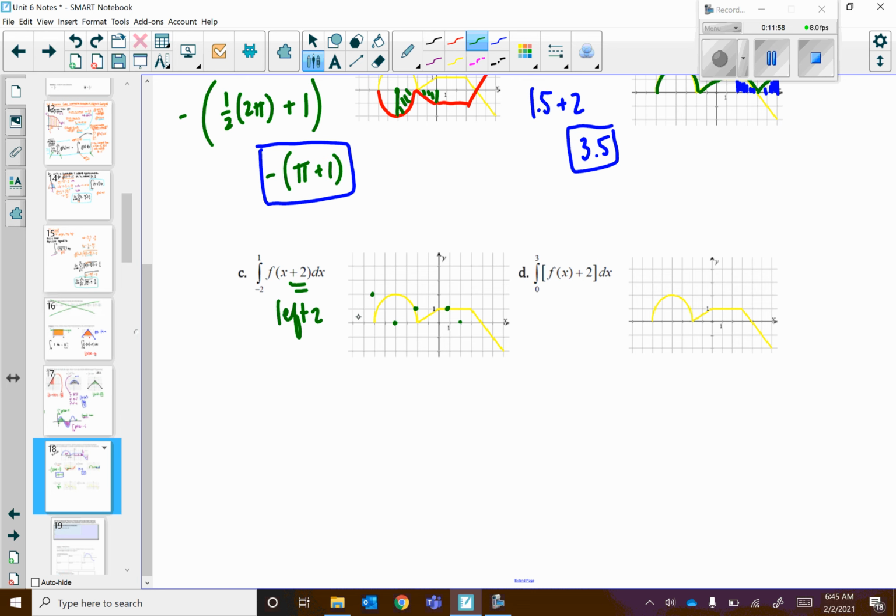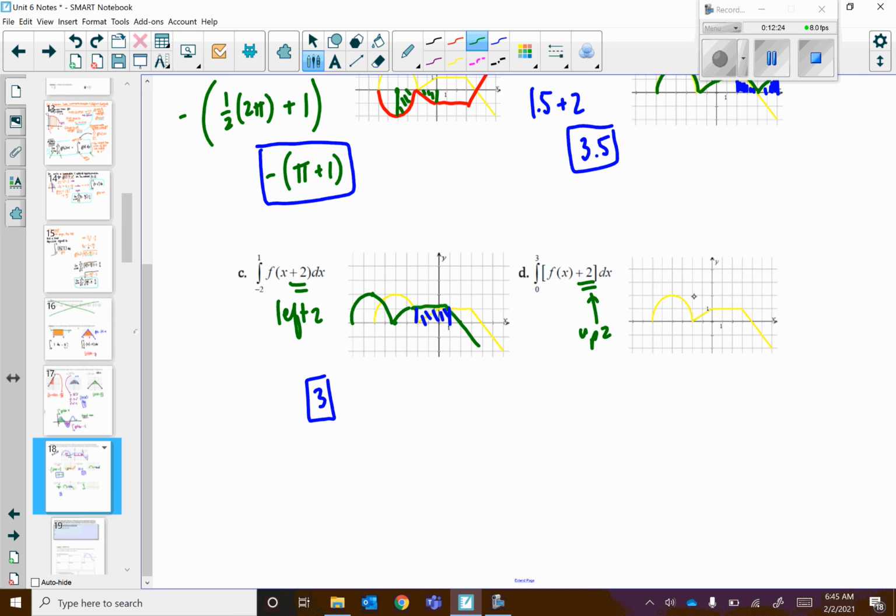Okay, let's see if I can draw that. And they want us to find the area from -2 to +1. This is the area we're looking for. Pause the video, calculate it. I got 3.